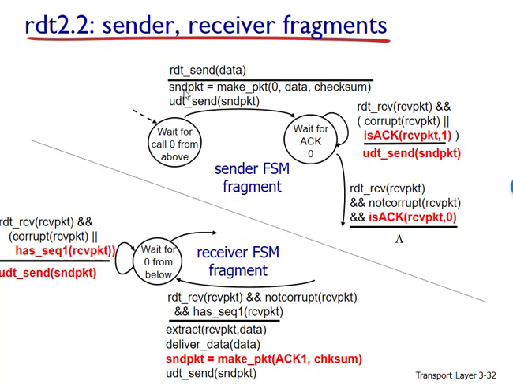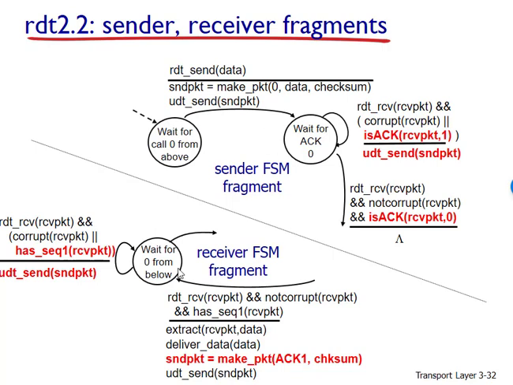The application layer sends a message and it does a make packet to create a new segment to send, and it sticks the acknowledgement 0 in the field, indicating that this is a response to the previous acknowledgement that it received from the receiver, which was an acknowledgement 0 indicating that it had successfully received the previous packet. And so it creates this and sends it across the line.